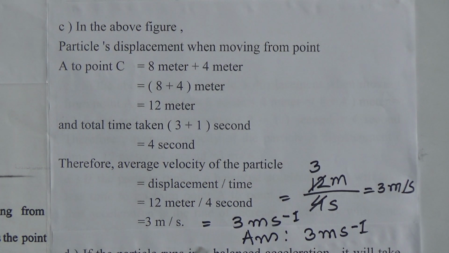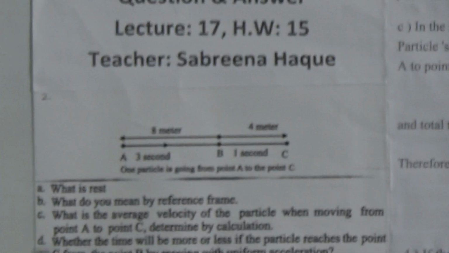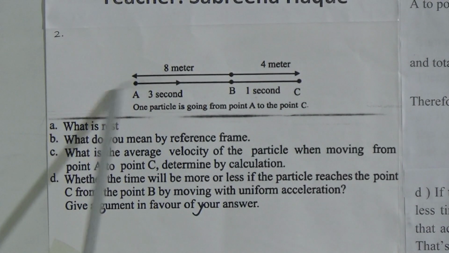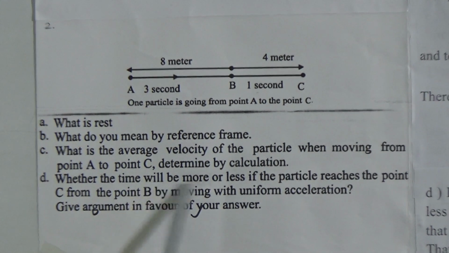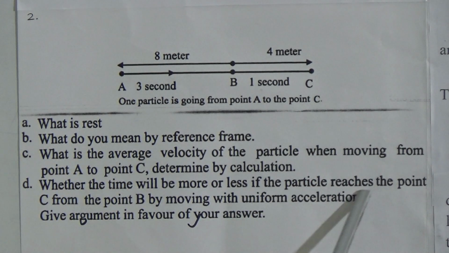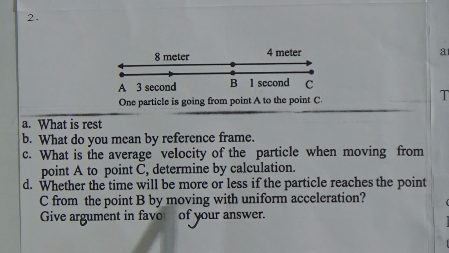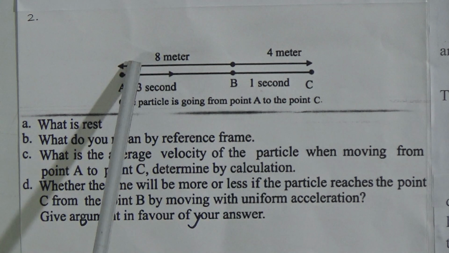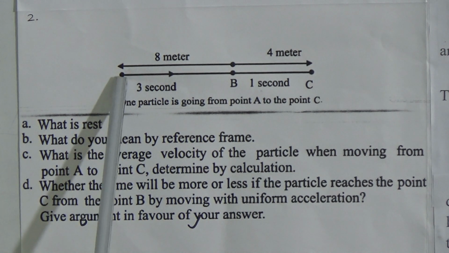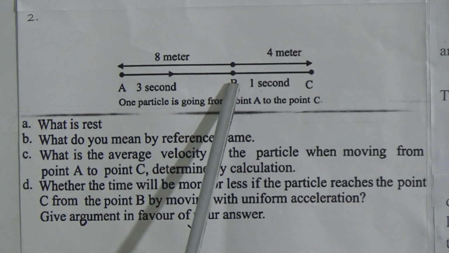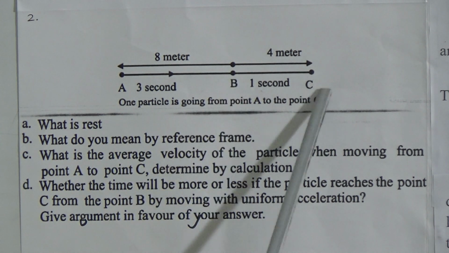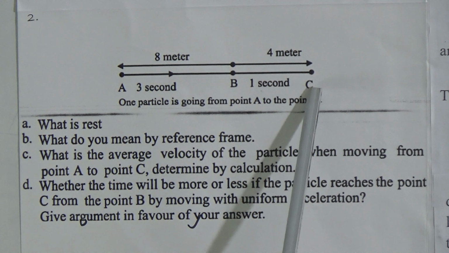Dear students, come to the stem again for the question and the answer. D: whether the time will be more or less if the particle reaches the point C from the point B by moving with uniform acceleration. Give your argument in favor of your answer. Again, from point A to B, the object takes 3 seconds and covers 8 meter, and from B to C it takes 1 second and covers 4 meter.